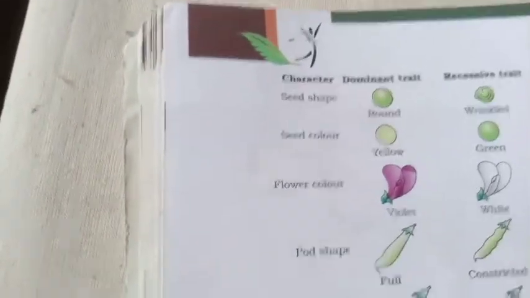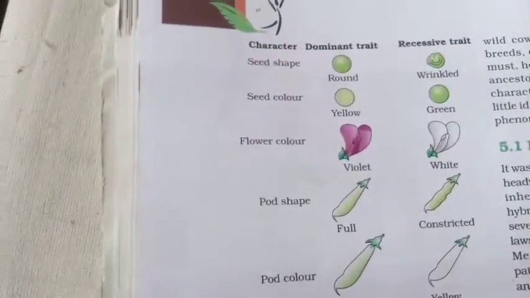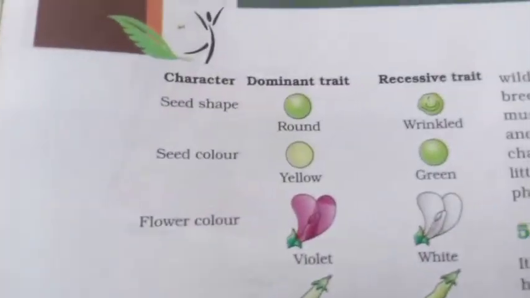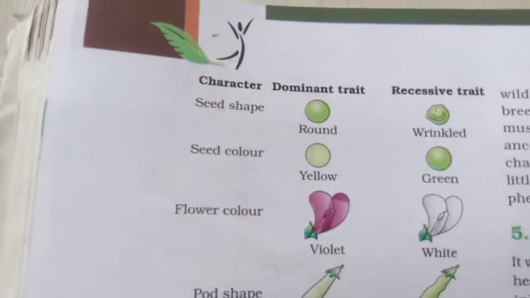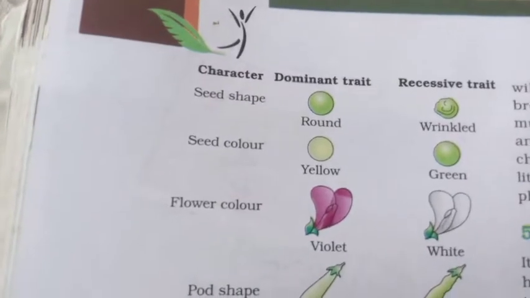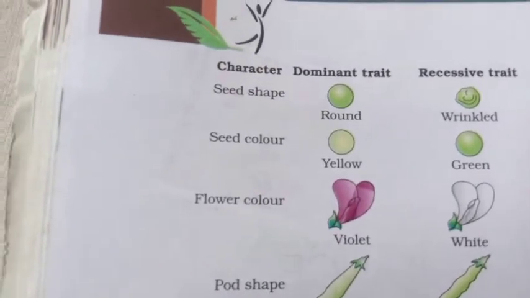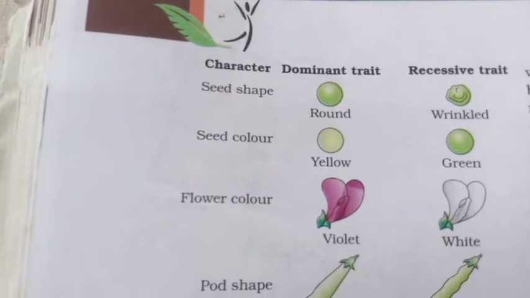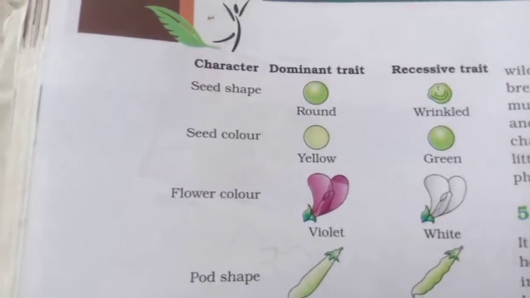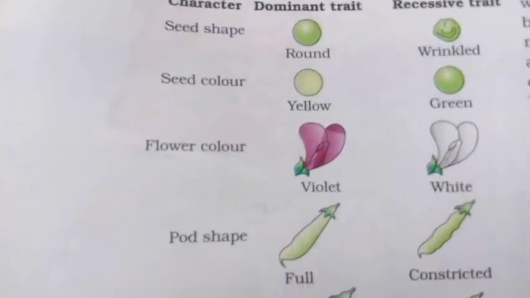First one is the shape of the seed. The seeds of some plants of the pea were round and others were wrinkled. Seed color: seeds were yellow or green. Flower color: they were either violet or white.